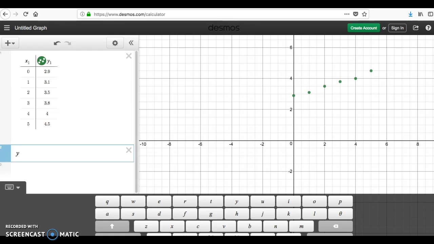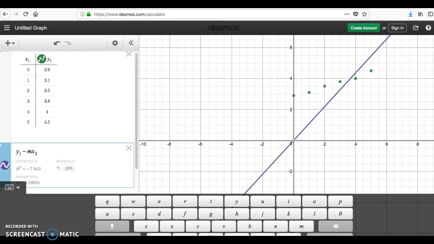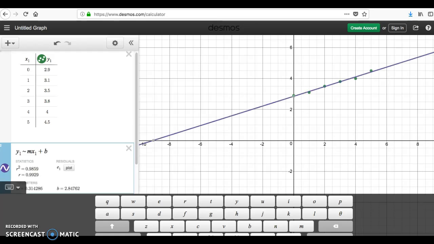Oops, first I need y, a sub b, so then it gives me a little 1. I'm going to arrow to the right, then click a little farther over to the right, the little tilde, the about sign. I'm going to type mx, again the a sub b so I can get my little 1, and then add plus b.